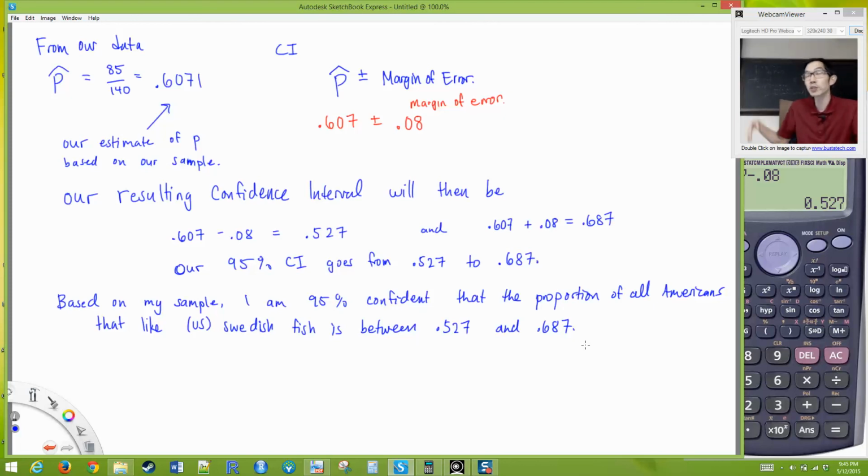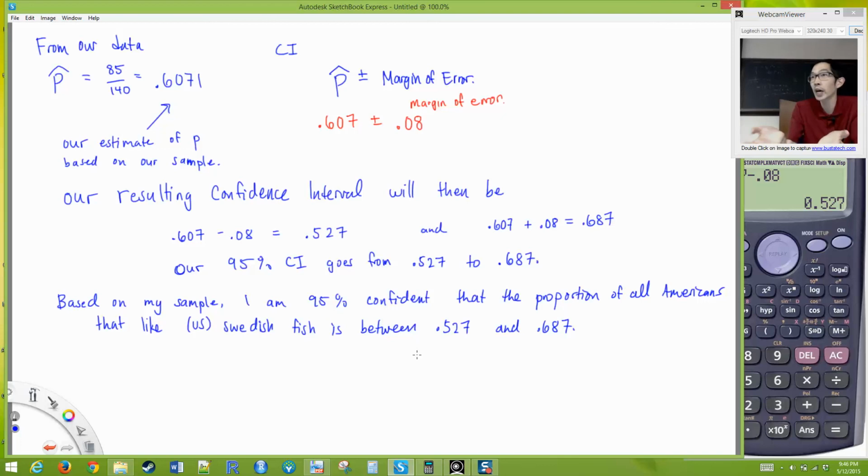Could the population actually be only 51% like Swedish fish? Yeah, that's possible. And that would mean we just happen to get a slightly weird sample where 61% like Swedish fish. That would be considered unusual, but that could happen, okay?